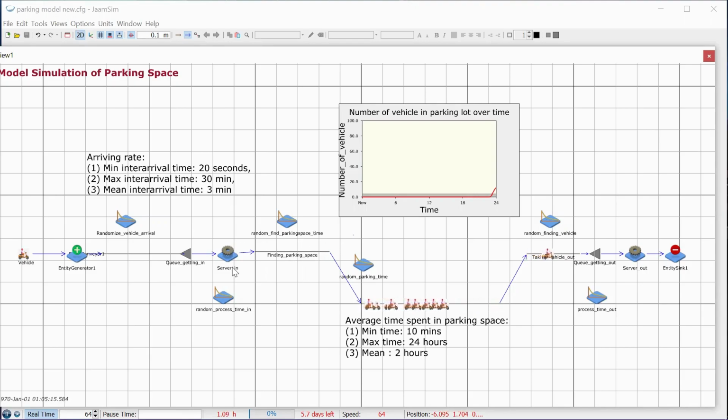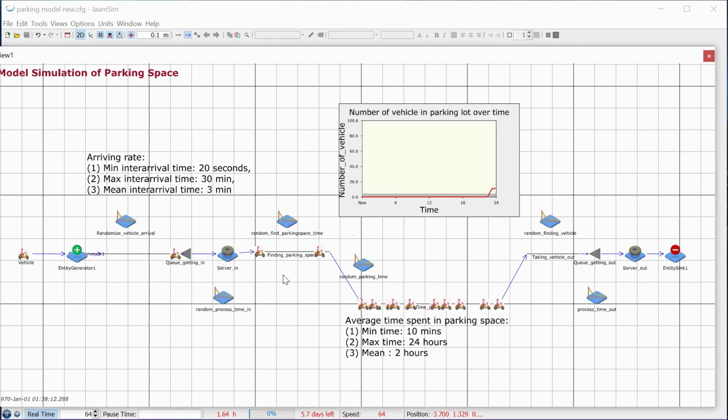Next is the server. The server here serves as the process in which we take a ticket to get into the parking lot, and we also use a randomized process time for it, because some people get the ticket faster and some people take the ticket slower.